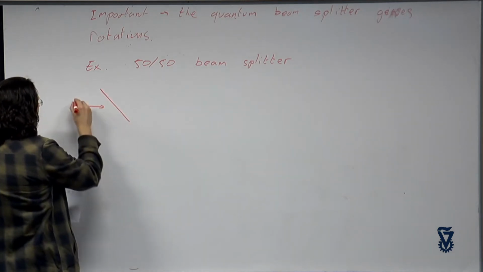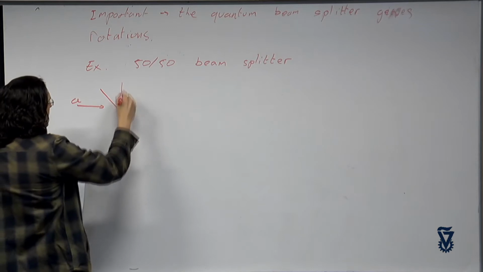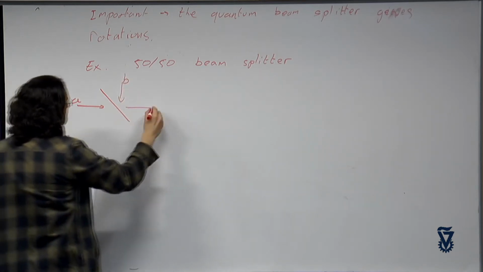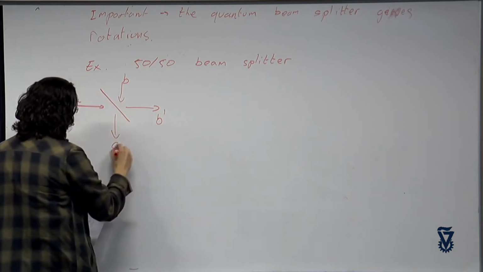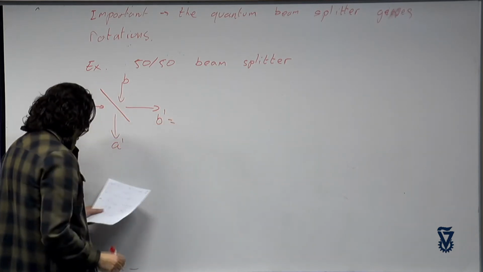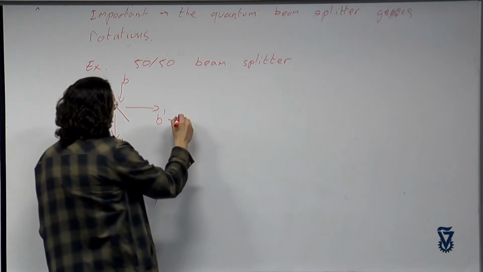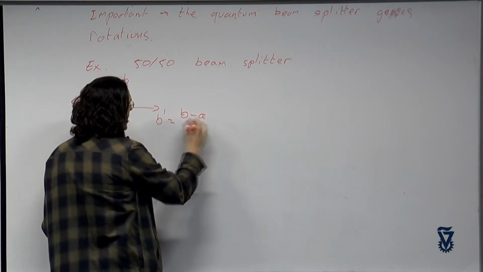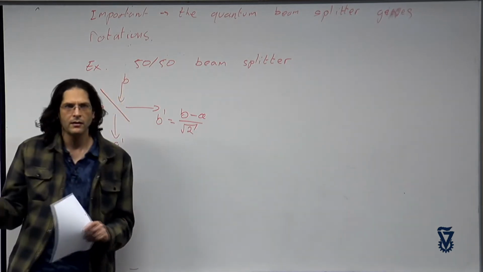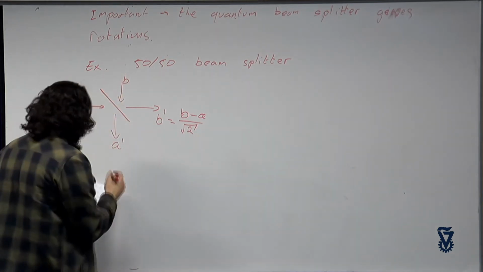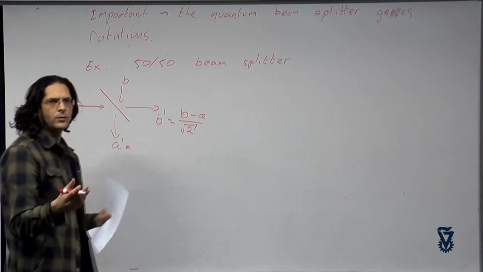So again, we have the incoming field A, incoming field B, output field B prime and A prime, where B prime for a 50-50 beam splitter is going to be B minus A over square root of 2. All I did is apply the formula that we wrote before with phi equals 0.